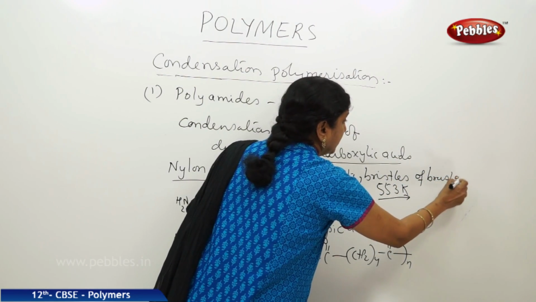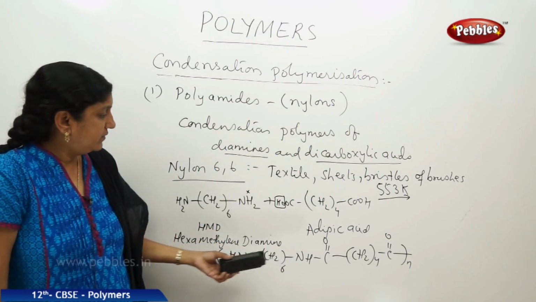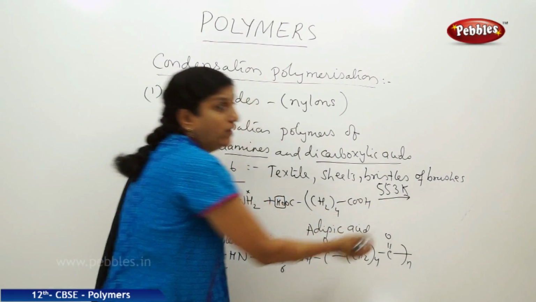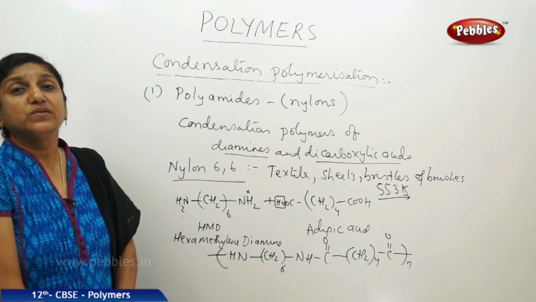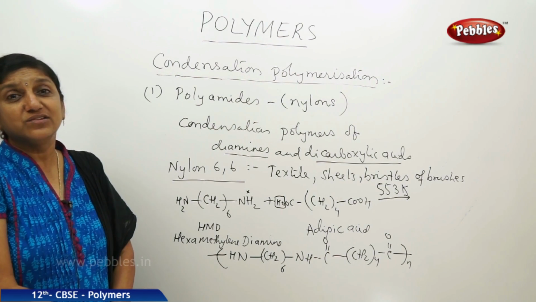And you require a higher temperature here. There is the temperature we have written over here, 553 Kelvin, right? So this is one example for the preparation of a condensation polymer.